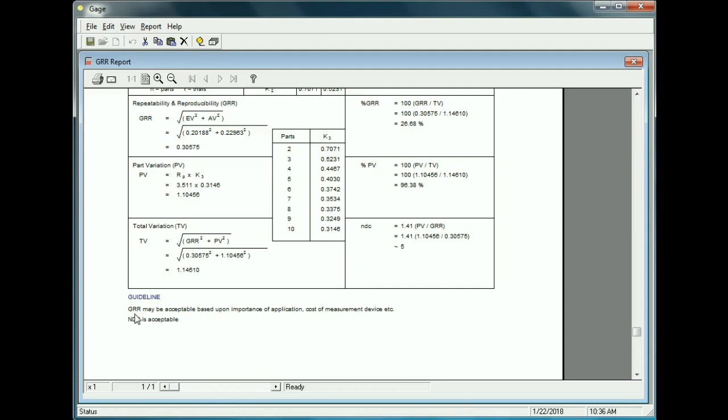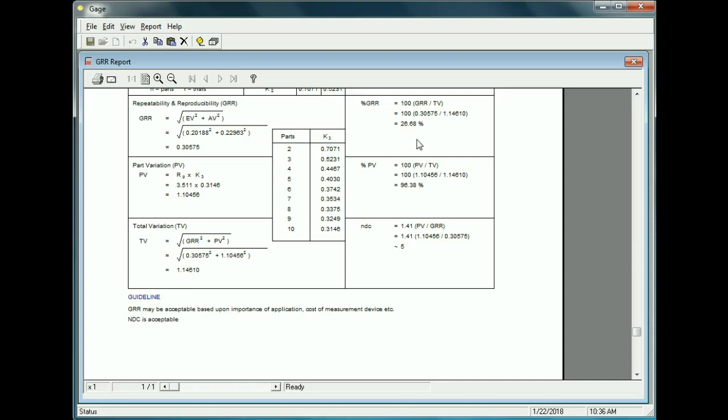And since the Gage R&R is between 10% and 30%, the Gage R&R may be acceptable based on the importance of application, cost of measurement device, etc. So ideally we'd like the Gage R&R to be less than 10%, but that's hard to come by many times.